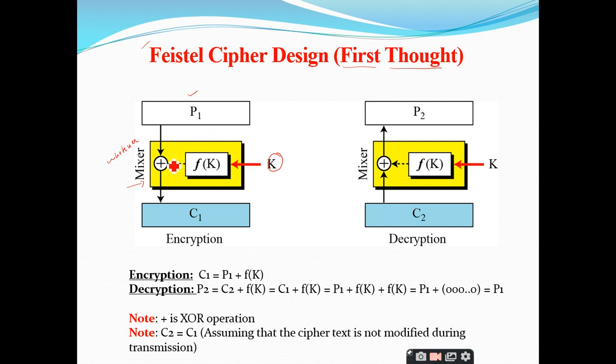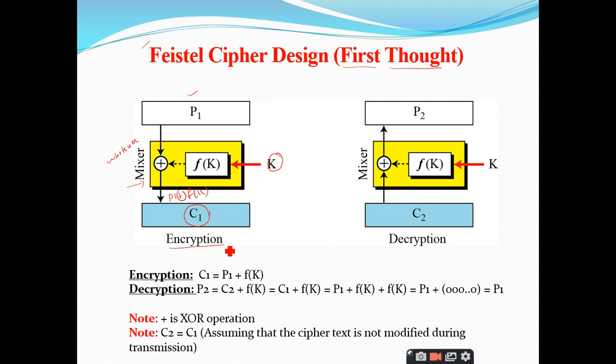I perform the XOR operation of the plain text P1 with f of k, so this output is nothing but P1 exclusive or f of k. The resultant text I take as the cipher text C1.